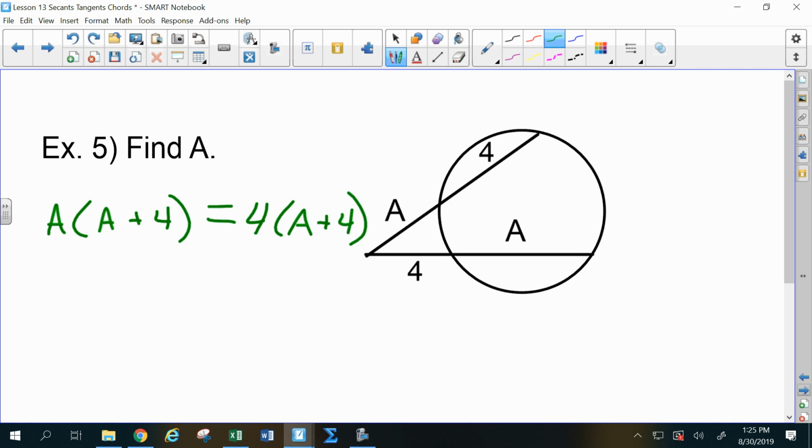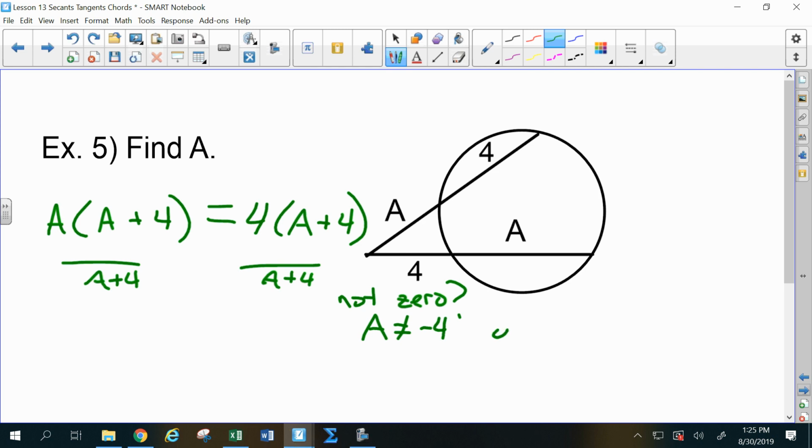You might accidentally be dividing by 0. So if we want to divide by a plus 4, we have to make sure that it is not 0. Are you confident that a can't be negative 4? Why? Because it can't be a segment right here. So a can't be negative 4, so we're okay.